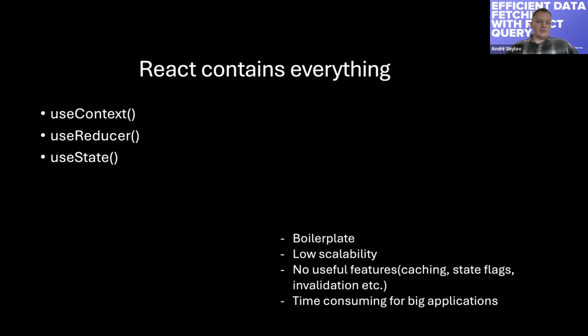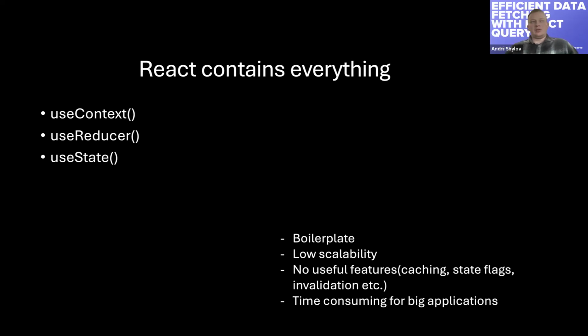Because we already have context, we have reducers, we have state inside, out of the box in React. And why do we need some managers? Even some backend cache data, I call it like that. Below I put some items on why it is not so good to use vanilla hooks and solutions from React: it's boilerplate, so you need to repeat it.